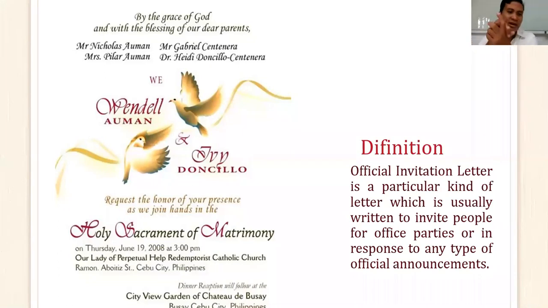Could be like a wedding, or a meeting, for example, a new branch of an office, a new company, they open a new branch and they invite their colleagues to attend. So the letter should be a formal invitation. But if you are texting your friend, for example, you are having a birthday and you want to invite your friend, you can text him by email or by message or WhatsApp.